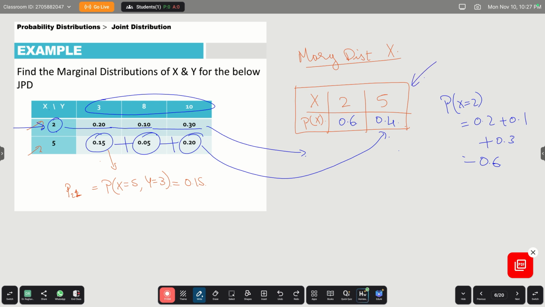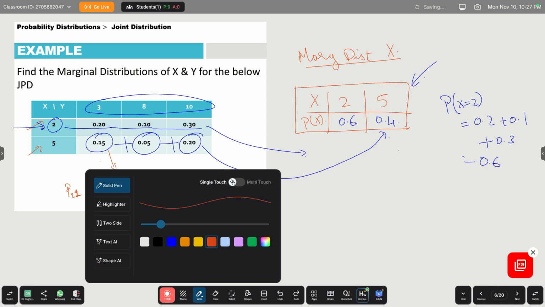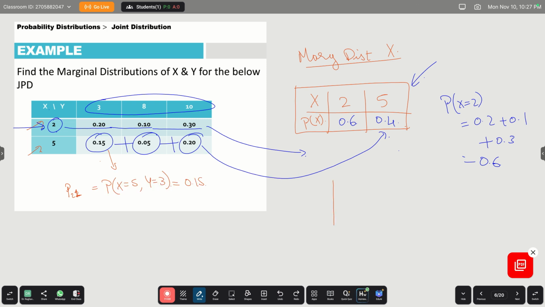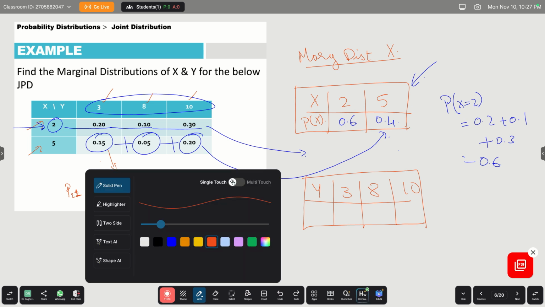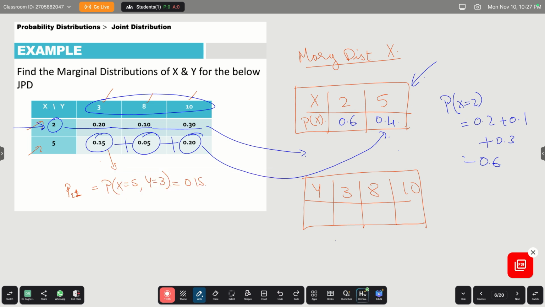And similarly, for the marginal distribution of y, y takes the values 3, 8 and 10. Here we do not consider the values of x. We just concentrate on the probability that y takes the value 3, 8 and 10.